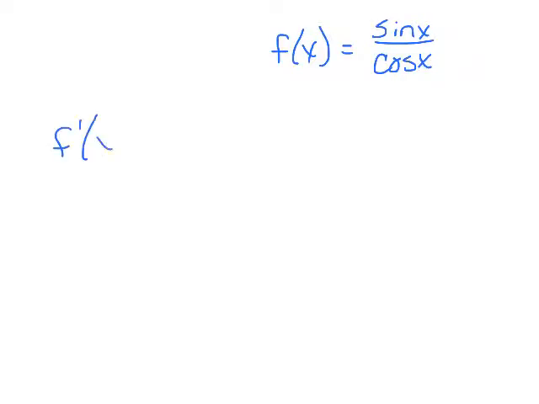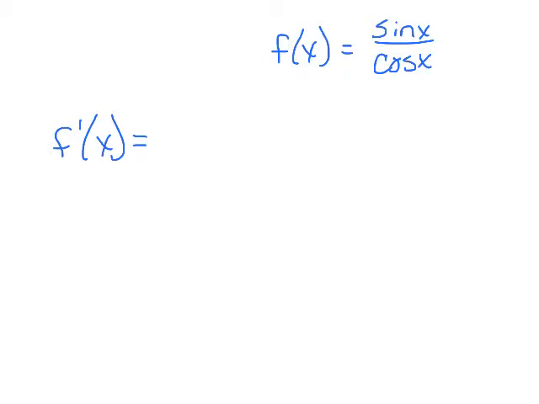Finally, we're going to look at the tangent of x and try to find the first derivative of that. To do that, I'm going to rewrite this. F of x, instead of tangent, I'm going to rewrite it as sine over cosine. When I do that, I'm going to use the quotient rule to find the derivative. So, f prime.